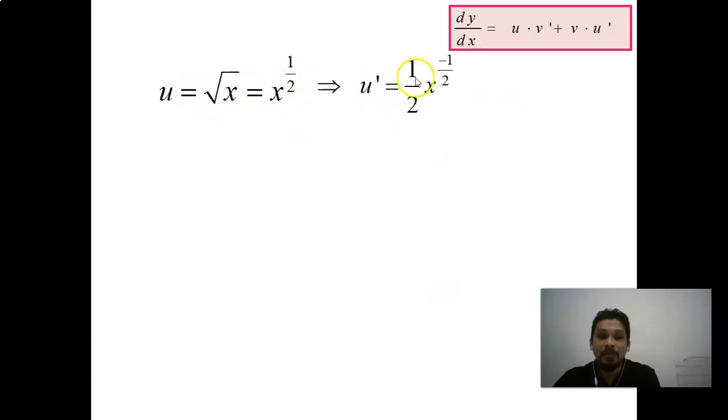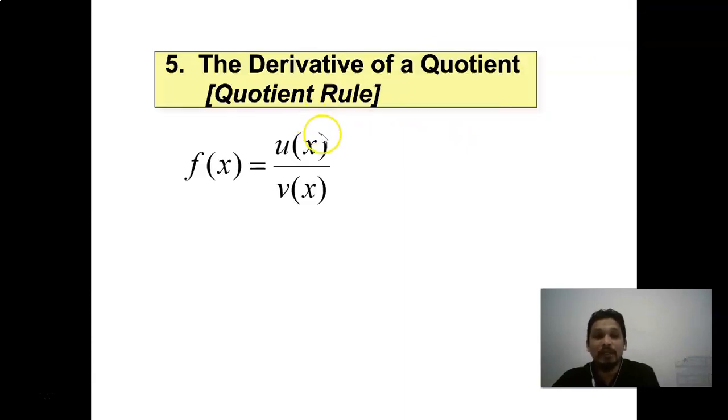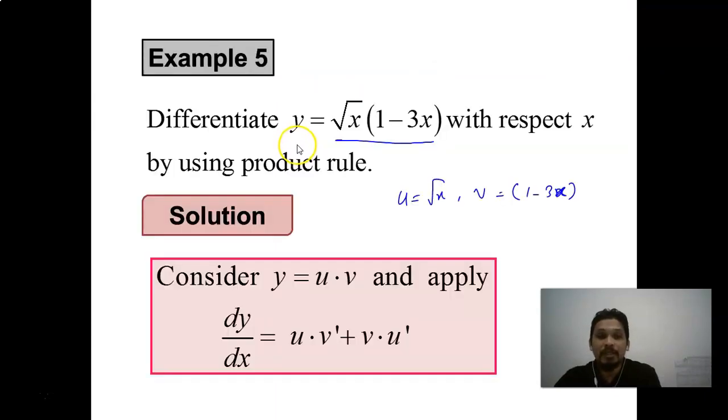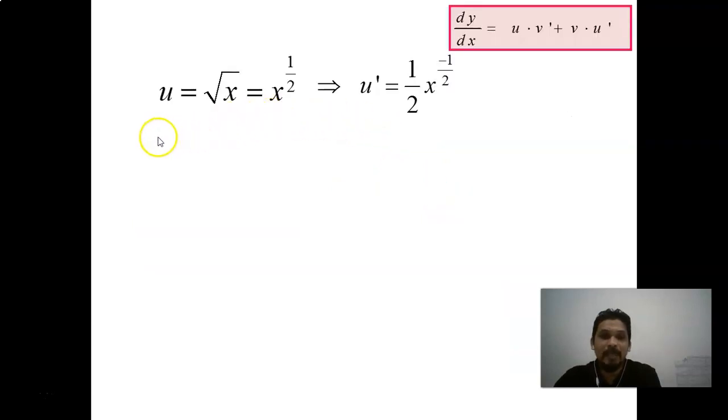Then u prime equals half, x to the power of half minus 1, equals negative half. And v equals 1 minus 3x. So then v prime equals, differentiate 1, 0, differentiate negative 3x, negative 3.